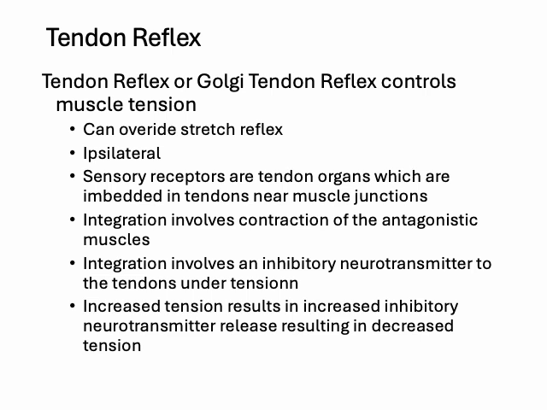Here's all the details about the tendon or Golgi reflex. It can override stretch. It's ipsilateral. We've got sensors in the tendon versus the muscle. We're going to see that the collateral sensory neuron will activate antagonistic muscles to start to engage. That counterbalances any muscle group from going too far, too tense, I guess.